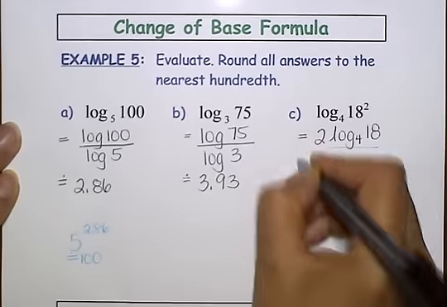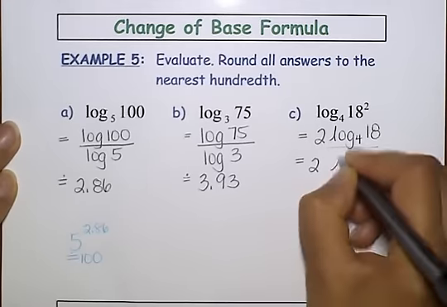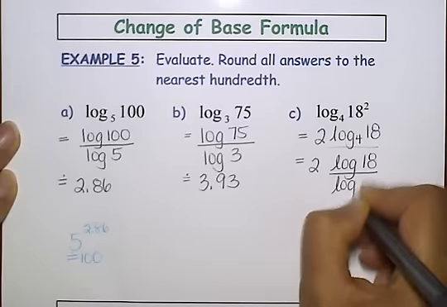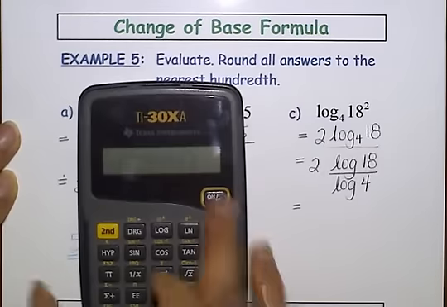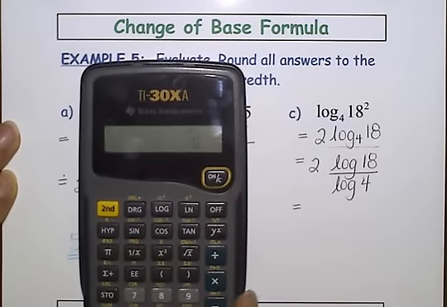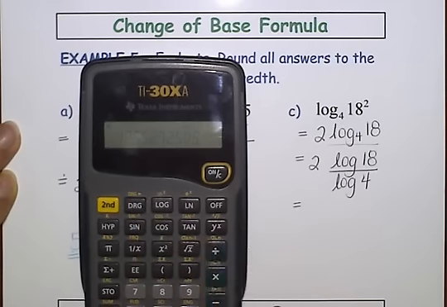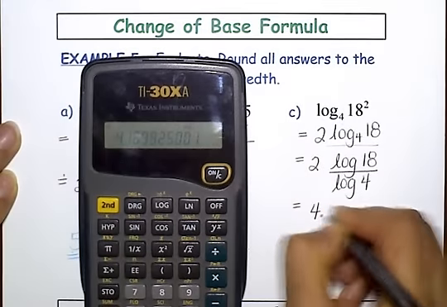So the 2 is still the coefficient, but I'm going to rewrite this as log of 18 divided by the log of 4. And I can do all of this in one step on my calculator since the operations are just multiplication and division. And I have 2 times the log of 18 divided by the log of 4. And I get an answer of about 4.17.